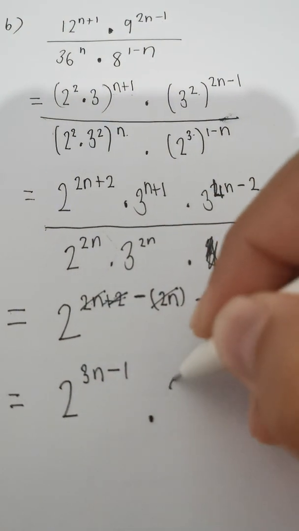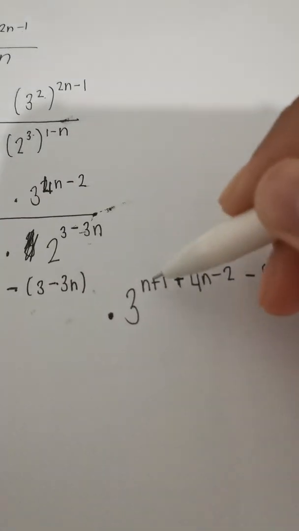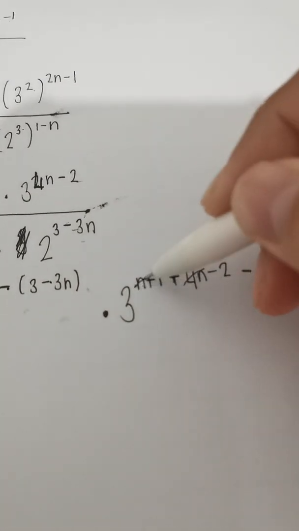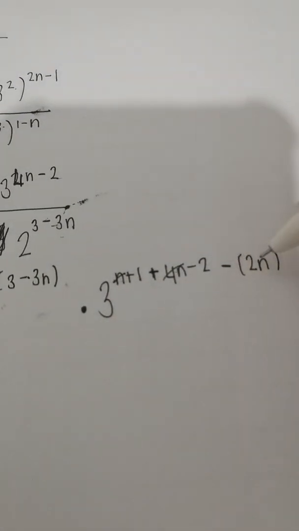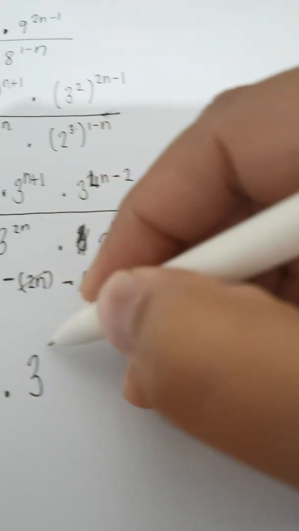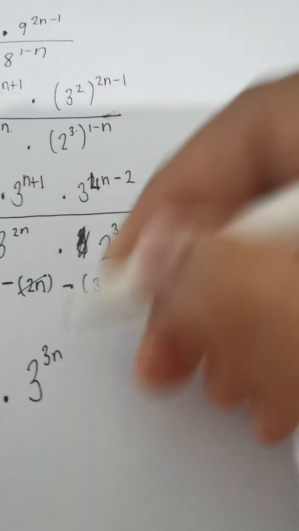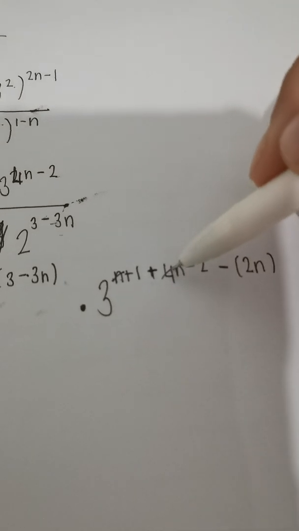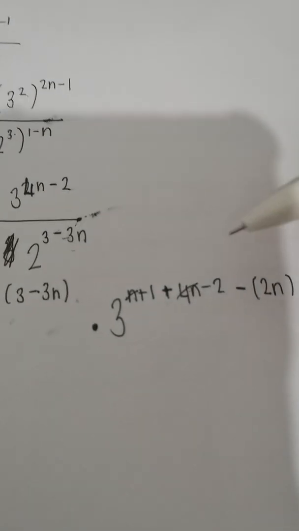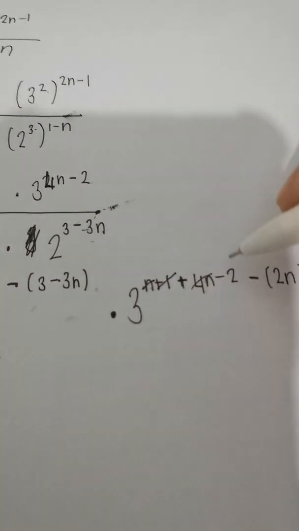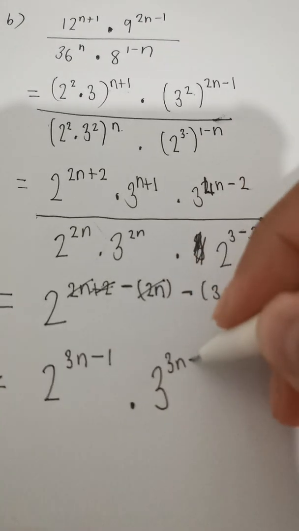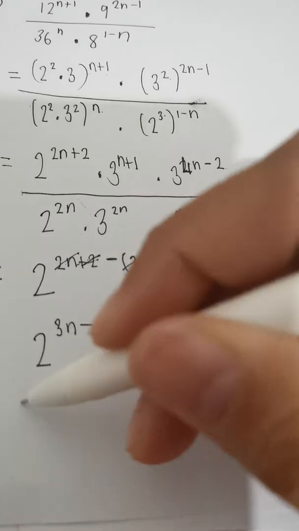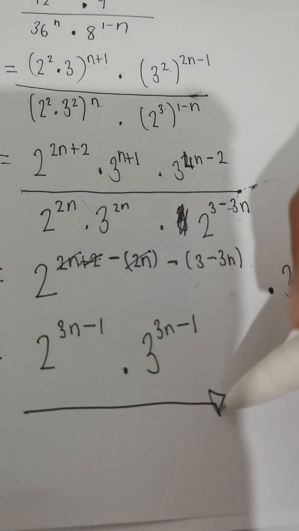For the 3, I got n plus 4n giving me 5n, 5n minus 2n giving me 3n. Did I do that right? 1 plus 4 giving me 5, 5 minus 2 giving me 3. Yeah. Then I got 1 minus 2 giving me negative 1. And that is our answer. You can leave it like that.